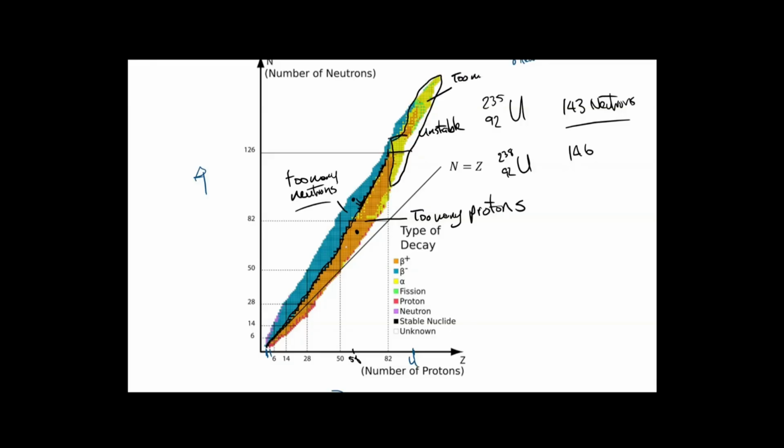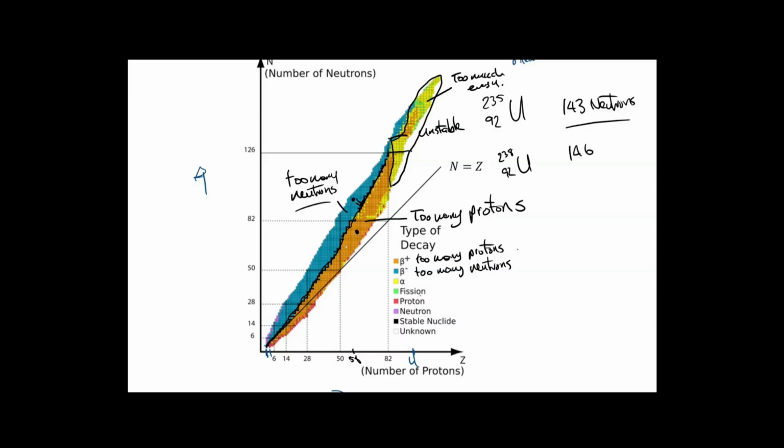Too much energy. Okay. If there are too many neutrons, it's going to be blue, which means we're going to have beta decay. So beta decay occurs when there are too many neutrons. So we're going to define what these things are. If it is beta plus, there are too many protons.